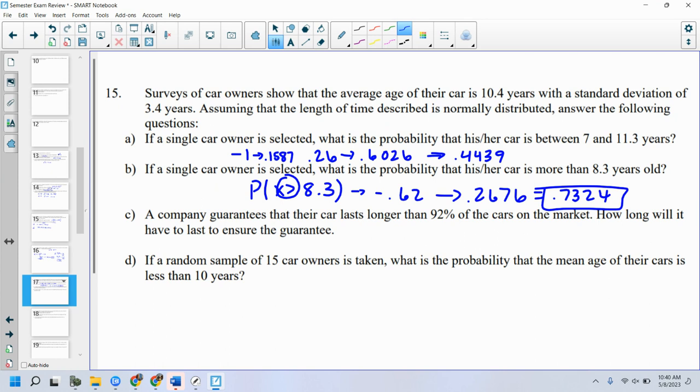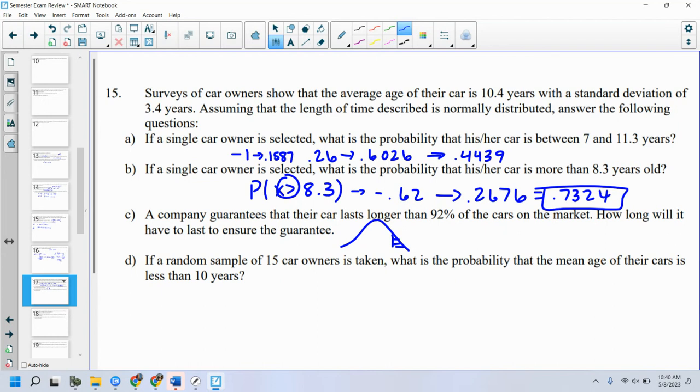It's going to last longer than 92%, so I want it out there. 92% is over here, so I can look up 0.92. 0.9207 gives me 1.41. Look up 92% within your table.